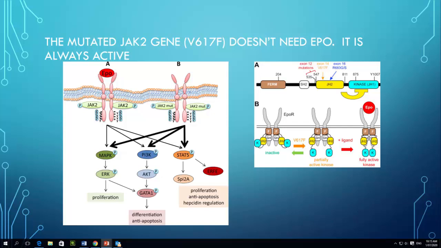If it's a mutated form of JAK2, it triggers hyperactivation that promotes cell growth and production. Its normal role is to provide instructions for making a protein that promotes growth and division, and it's part of a signaling pathway. So if you have a mutation in it, it's switched on the whole time and doesn't need to receive a signal to be switched on, so it's always active, and you get constant cellular proliferation.